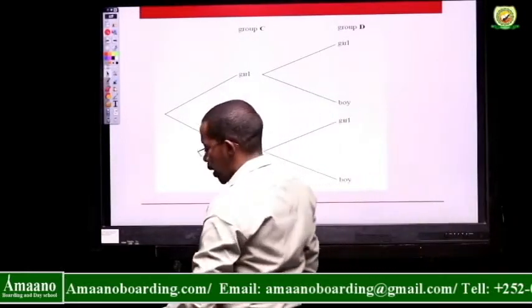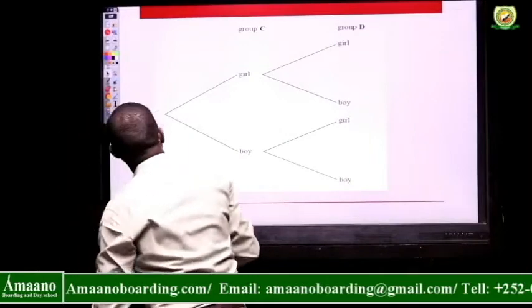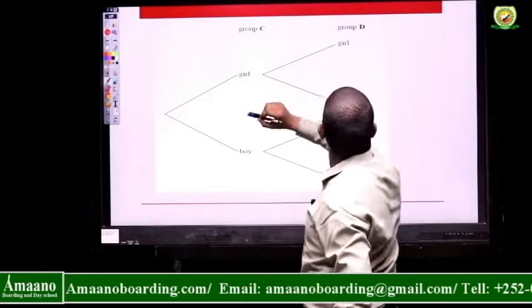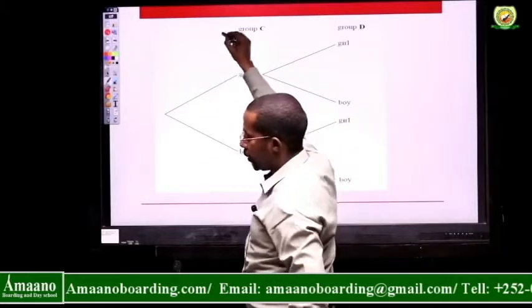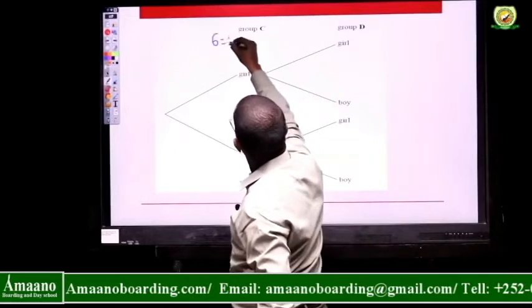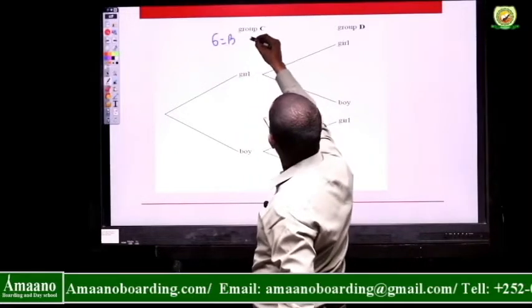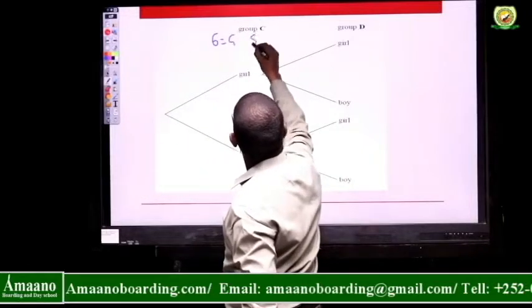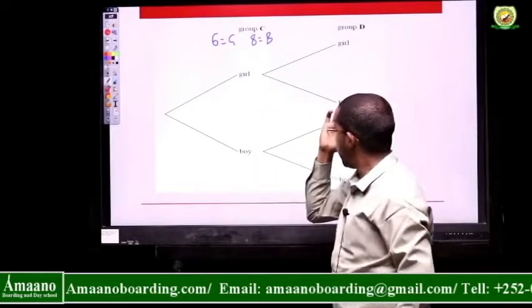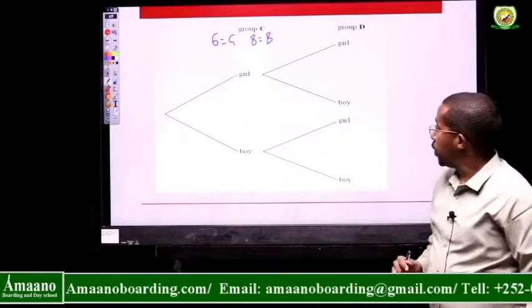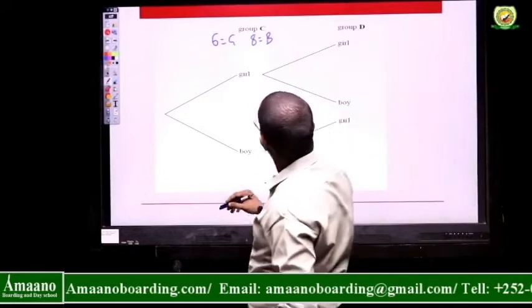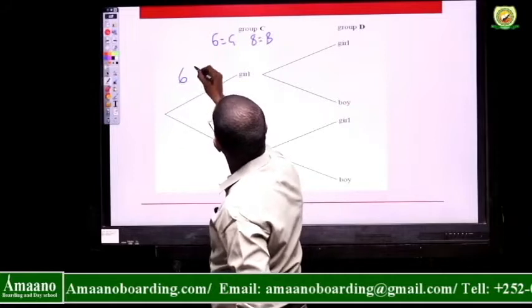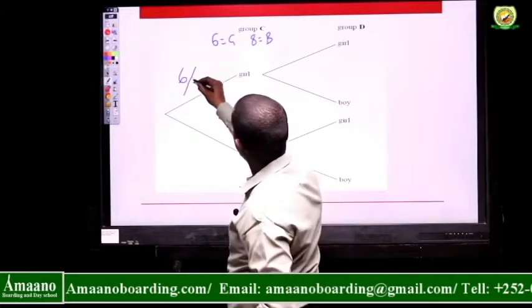Okay? So to answer this question, remember in Group C we have 6 girls and 8 boys. That's what we have in Group C. So if you're choosing from this group, probability of getting a girl will be 6 divided by the total, which is 14.